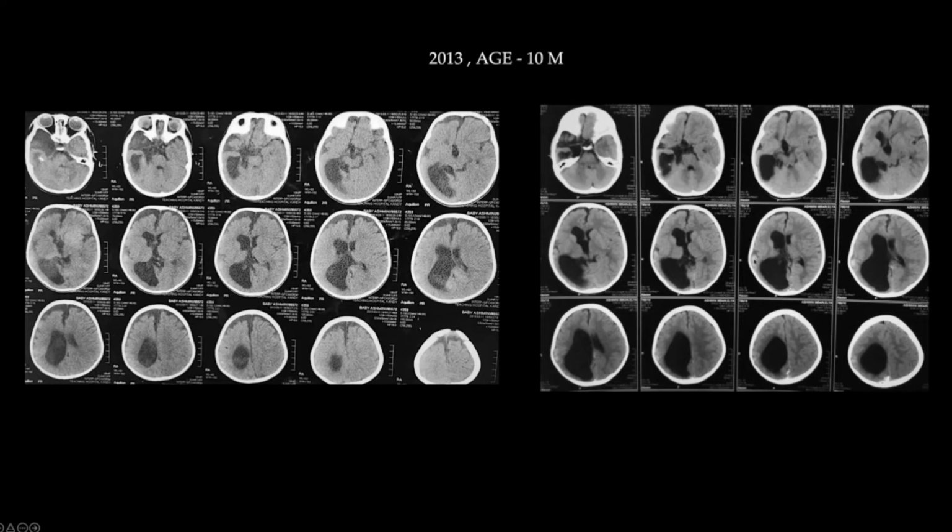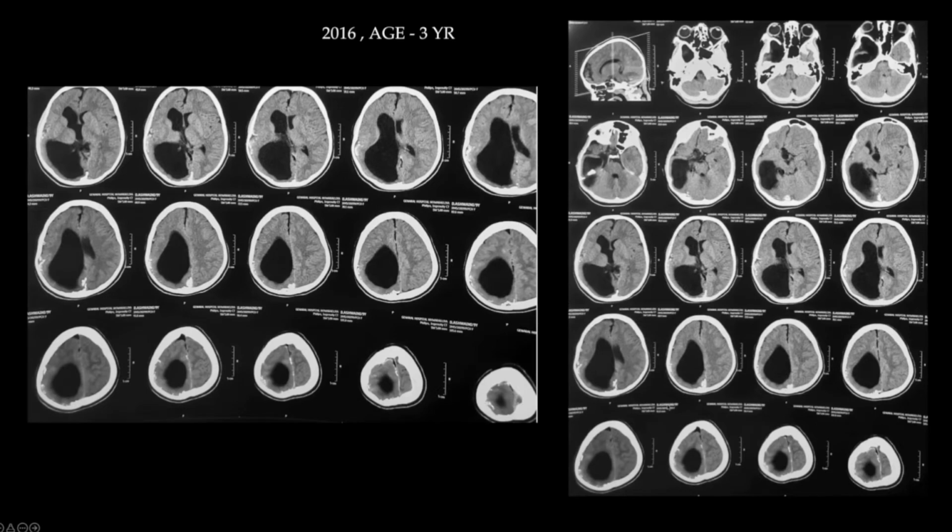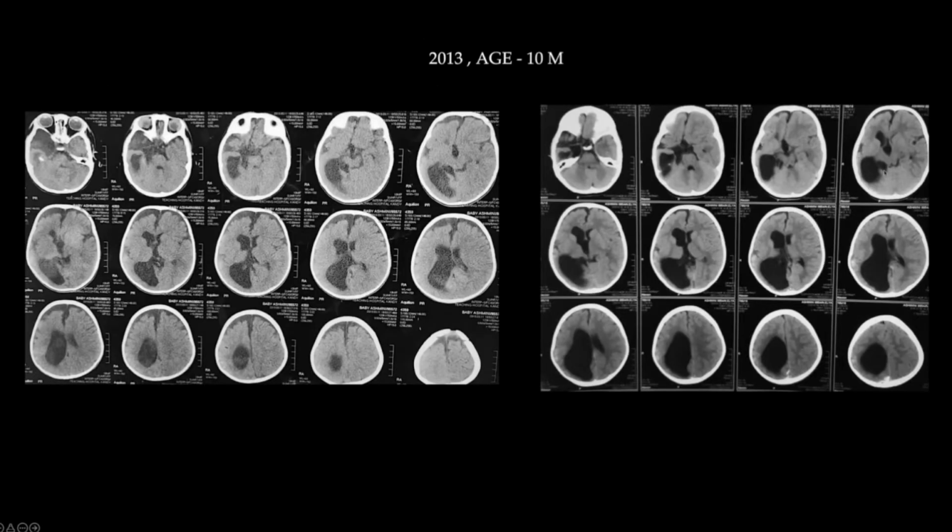Possibly some calcifications, lateral calcifications in the inferior temporal region and also in the parietal region. There's a doubt of a cortical malformation in the right frontal region and the perisylvian region. I don't think we had an MRI at this stage.